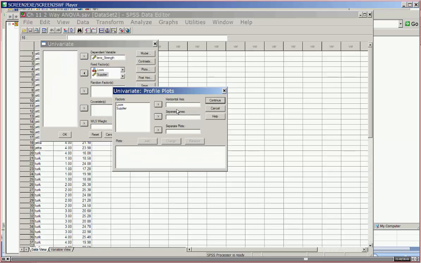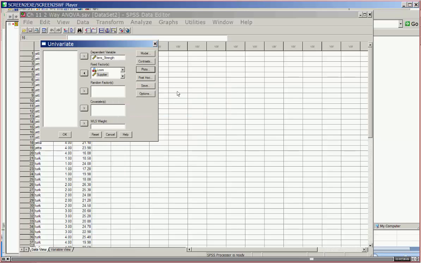And the plots: what we're going to do is have suppliers on the horizontal axis and loom for separate lines. That'll be the labeling of the graphs. We need to add this supplier by loom graph here to continue and see what happens.